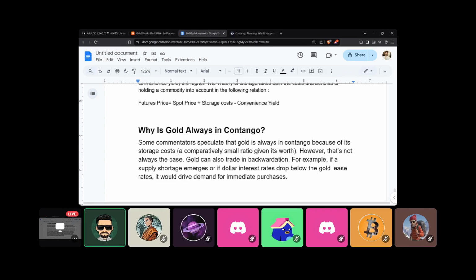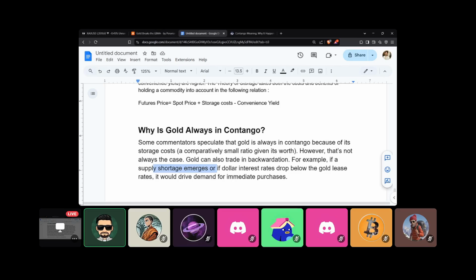However, that's not always the case. Gold can also trade in backwardation. For example, if a supply shortage emerges, and currently this is happening. The LBMA, the London Bullion Market Association, is facing supply shortages.